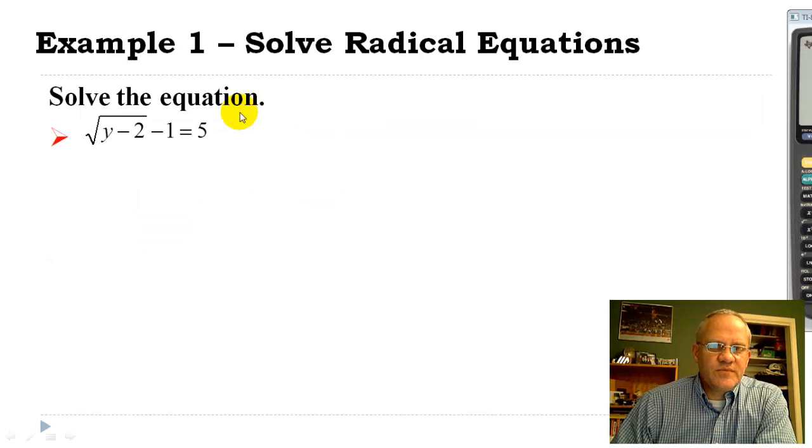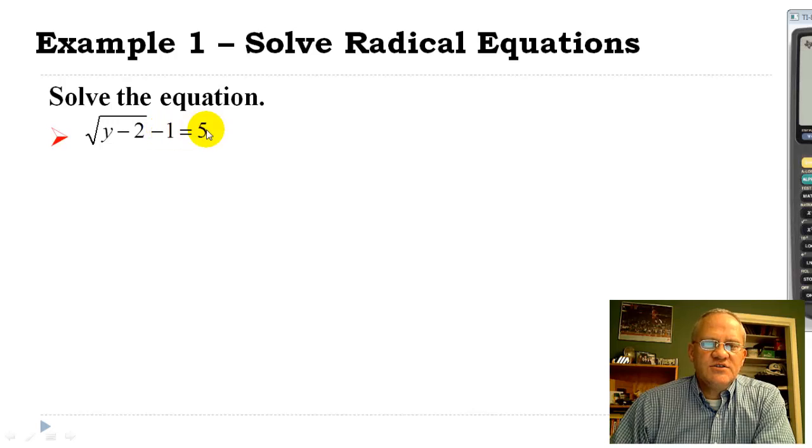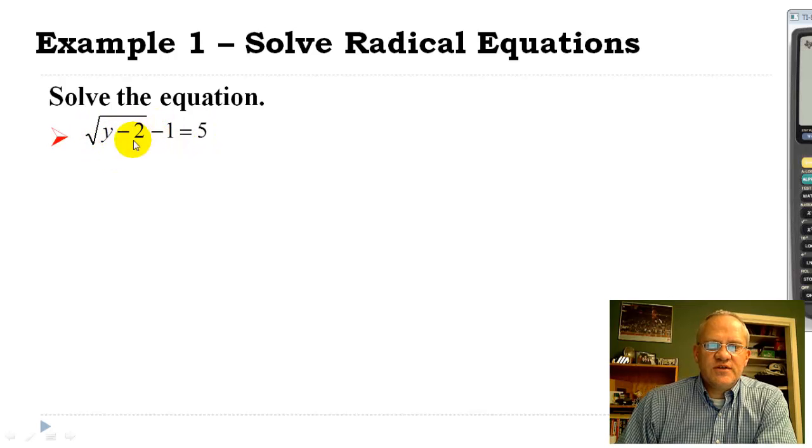All right, so here's our first one that we're going to do. We have the square root of y minus 2, and then minus 1 equals 5. So the first step was to get the radical by itself. Well, notice we've got the radical here, but we've got minus 1 attached to it. So what we have to do is get rid of this minus 1.